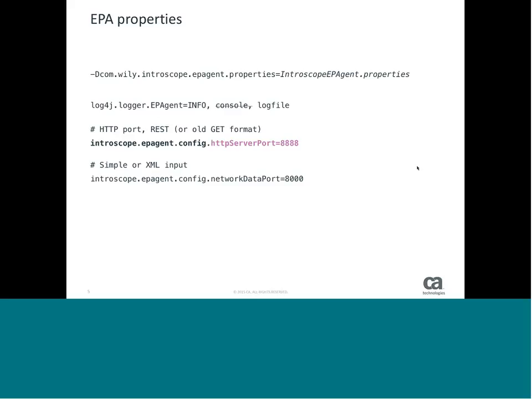By default, after installation, both ports are commented out, so EPA is configured to just read from standard in, and you would have to uncomment it in the properties file to open the ports. And of course, if you have a firewall, either locally, software, or some rules in the network, you would have to open that port, but you can set it to any port you like.